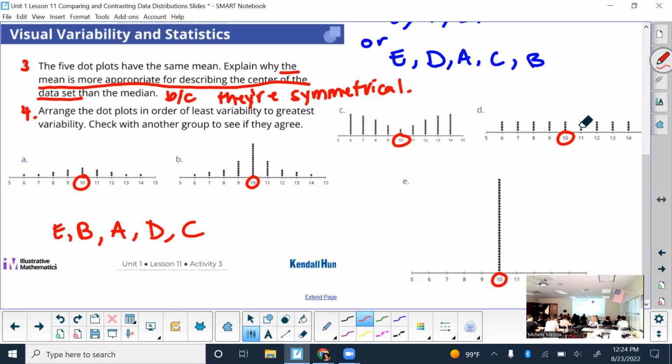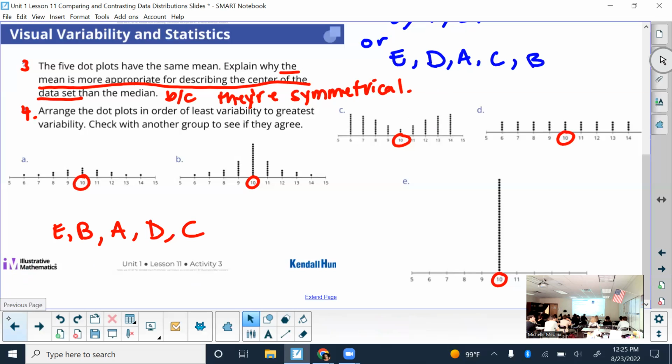D is a uniform distribution, but they're kind of evenly spread out, versus C where there are very few in the middle and then 10 on the end. Even though the mean for all of these is 10, C is the least representative because it's heavy on each end. Even though there are very few 10s in this dot plot, it makes you think that a typical value is 10 just because they're so spread out. All right, any questions on where we left off yesterday?